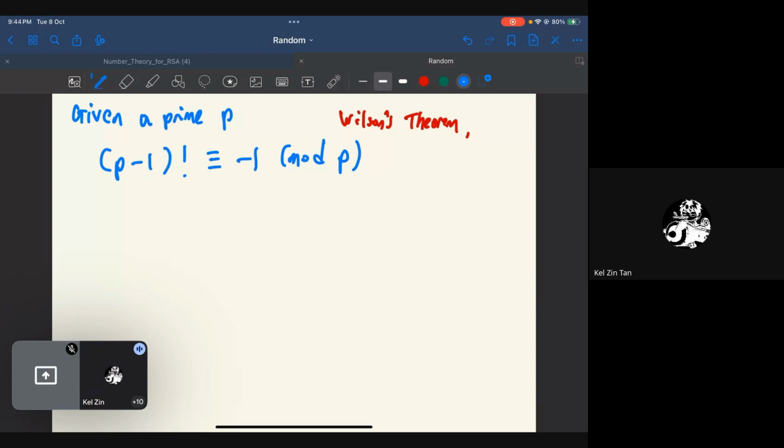So a hint here is that the inverse of x inverse is x, right?